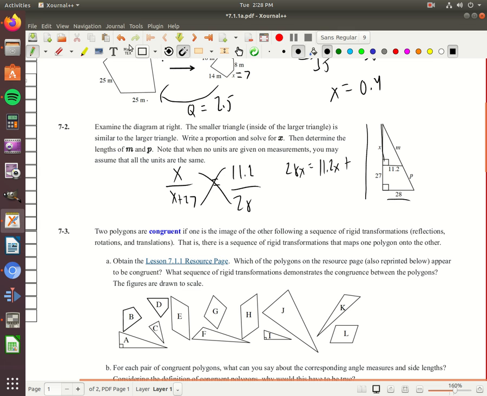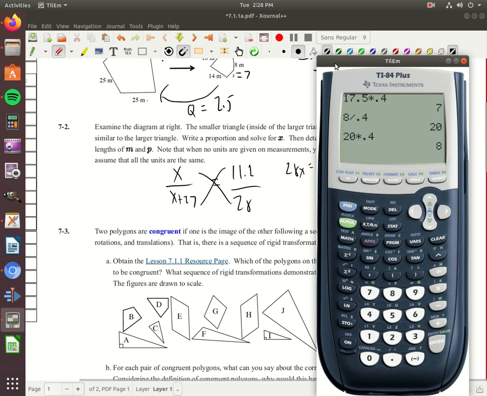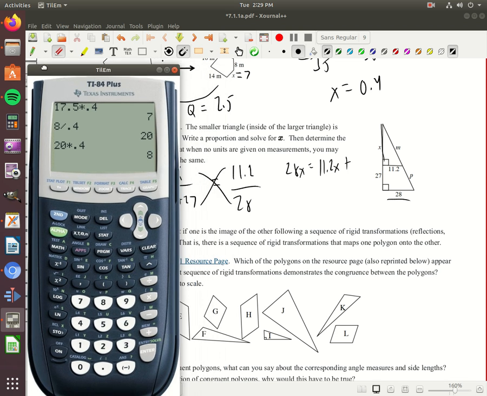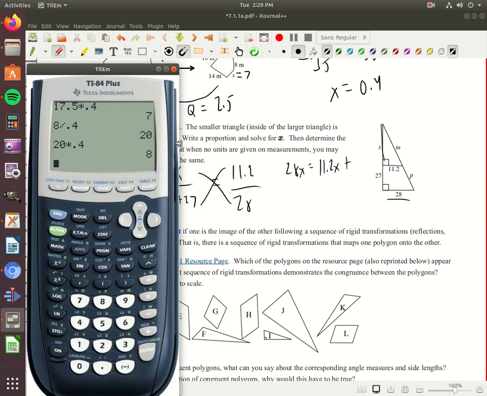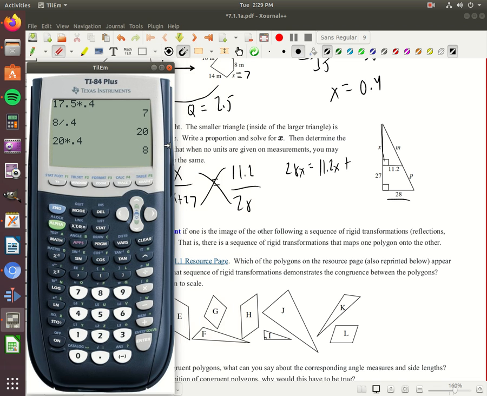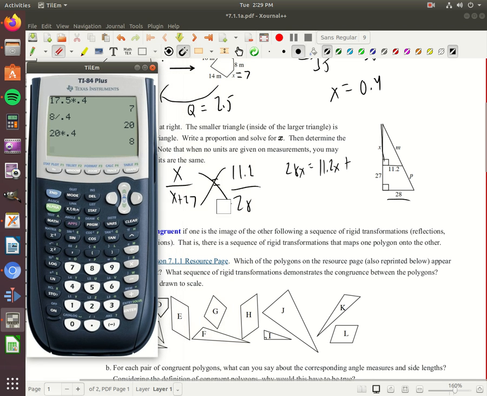11.2x plus, well, probably be easier to hop over to a calculator here and multiply. I think my calculator's a little bit big these days. See if I can make this smaller. All right, so I'm going to get 11.2 times 27, which gives me 302.4.